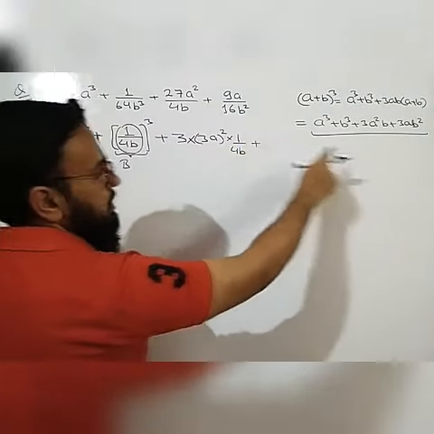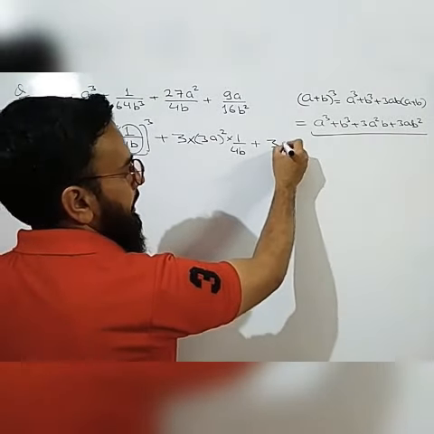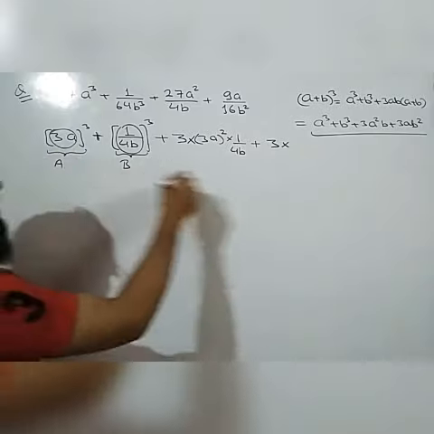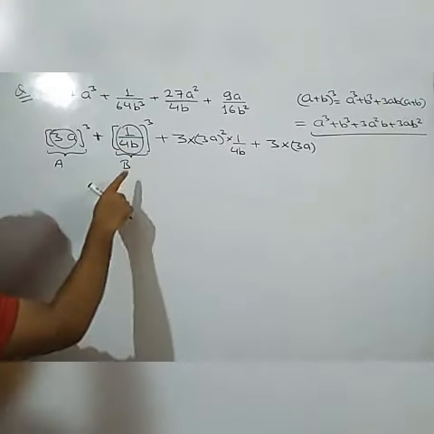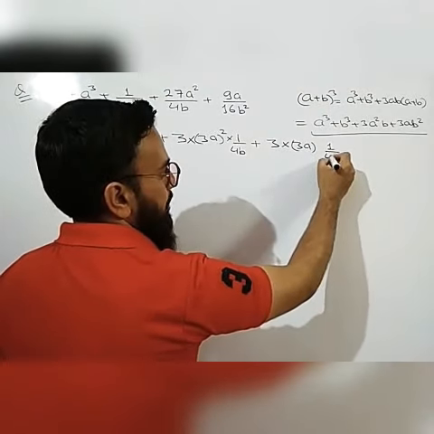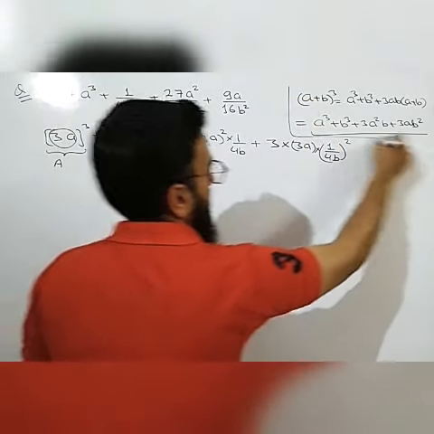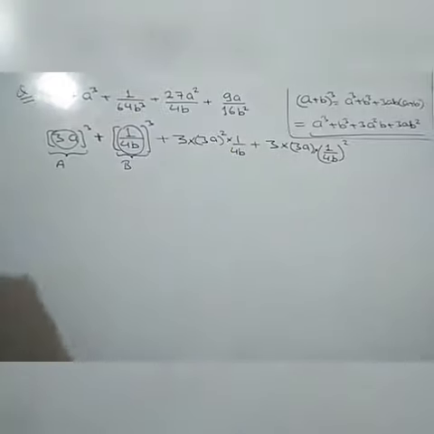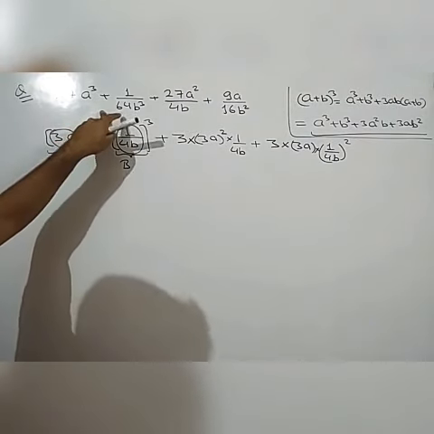Then the next term is 3ab square. So we can write it as 3 into, what is a? At the place of a, we will write 3a. And what is b square? At the place of b, it will be 1 upon 4b whole square, and there is a sign of multiplication. Now if we compare this with the given question, let us check.